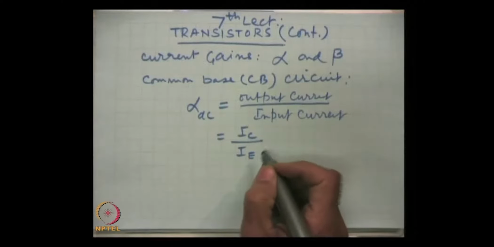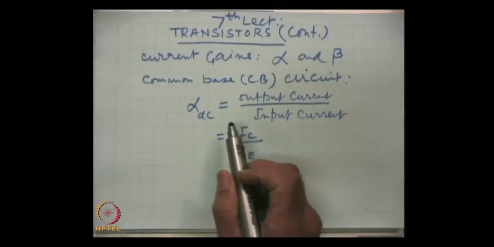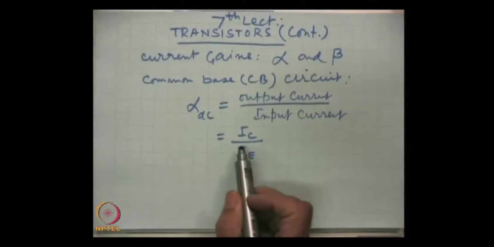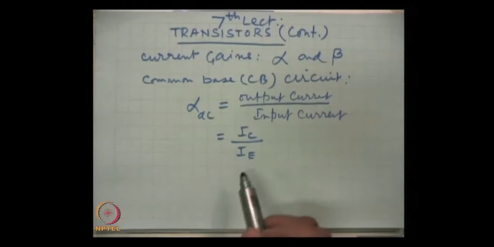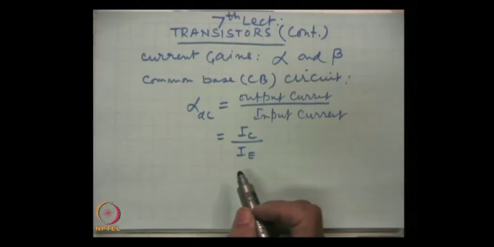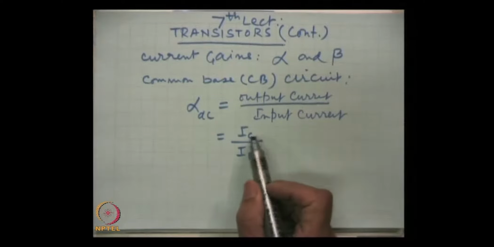So, always remember that the current gain alpha is for the common base circuit and we define it as the ratio of collector current to emitter current. We also recall what we have said earlier, that emitter current is slightly higher than collector current.